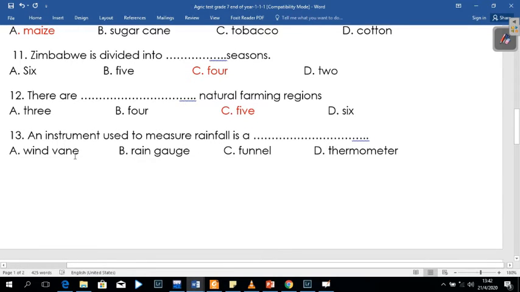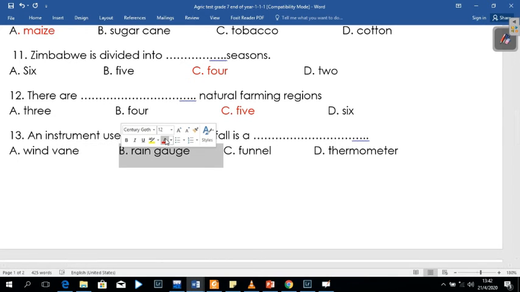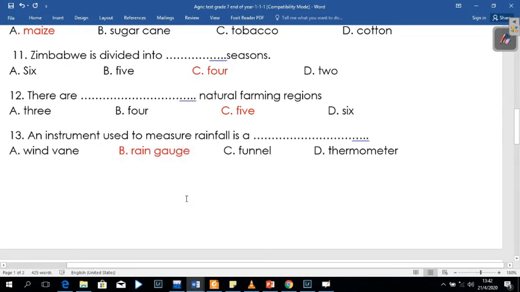Okay, fine. An instrument used to measure rainfall is A, wind vane, B, rain gauge, C, funnel, D, thermometer. And the correct answer here obviously is rain gauge. Right. Wind vane.